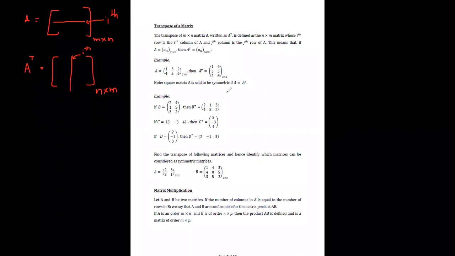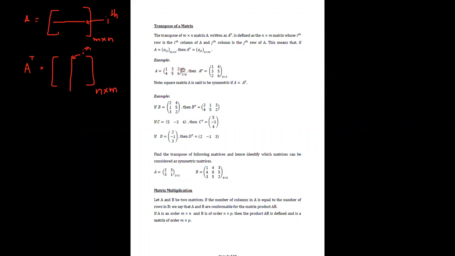If I consider an example on the transpose of a matrix, here you can see that A is a matrix having 2 rows and 3 columns, with the elements 1, 3, 2, 4, 5, and 6. If you are supposed to obtain the transpose of this matrix, you have to write down the rows in this matrix as the columns, or vice versa, columns as rows.